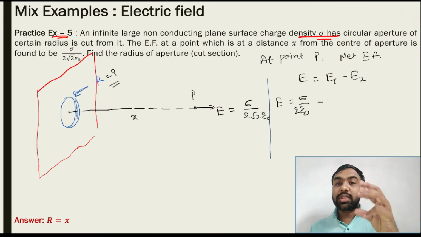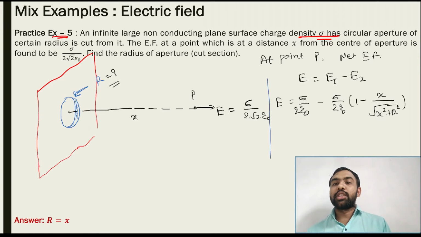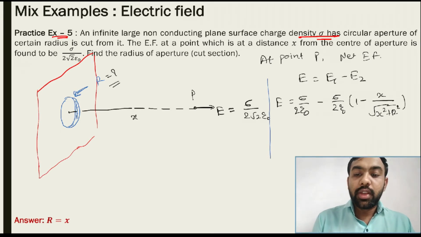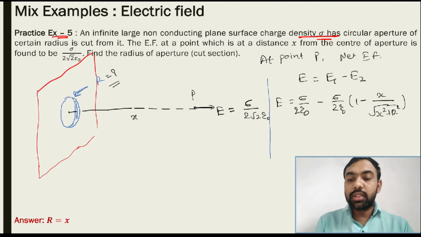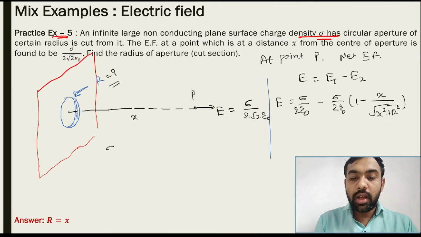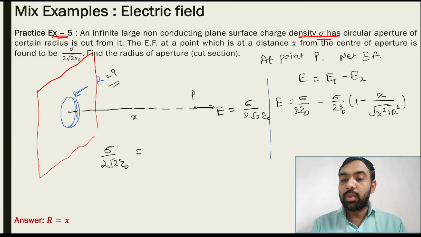the field produced by the circular disc. That is sigma upon 2 epsilon naught into 1 minus x upon under root x square plus r square. As we know, the net electric field is equal to sigma upon 2 root 2 epsilon naught, so put this value. From this one you just take common out if anything is common.